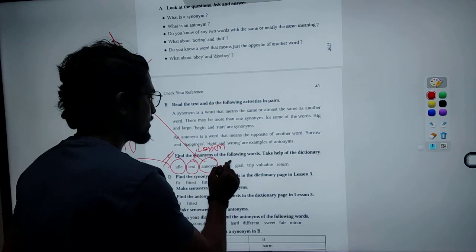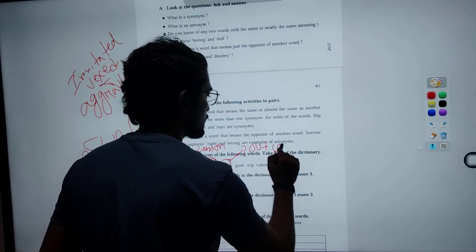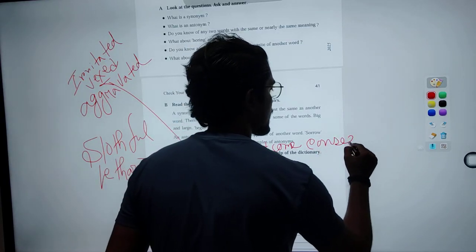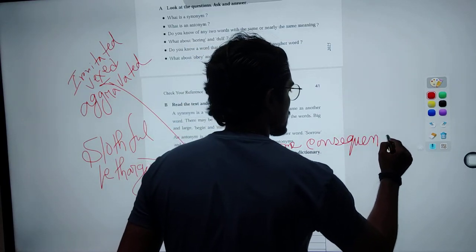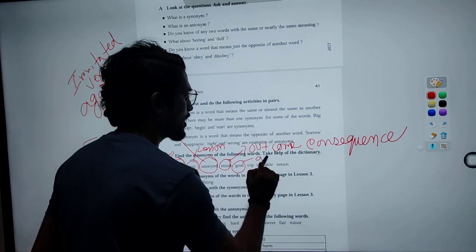Result, you can write outcome or consequence. Goal, aim or target.